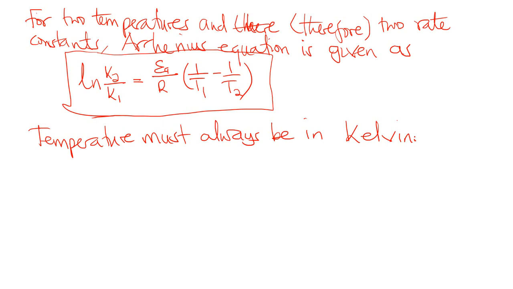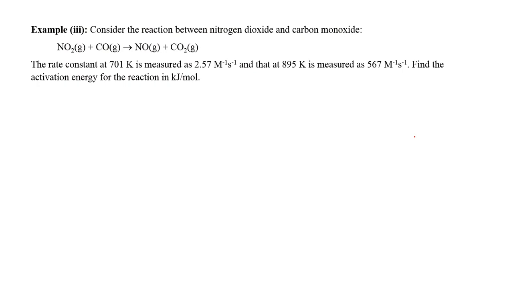Let us see how we can use this Arrhenius equation in an actual problem. Consider the reaction between nitrogen dioxide and carbon monoxide. So the rate constant at 701 Kelvin is measured as 2.57 per molar per second.